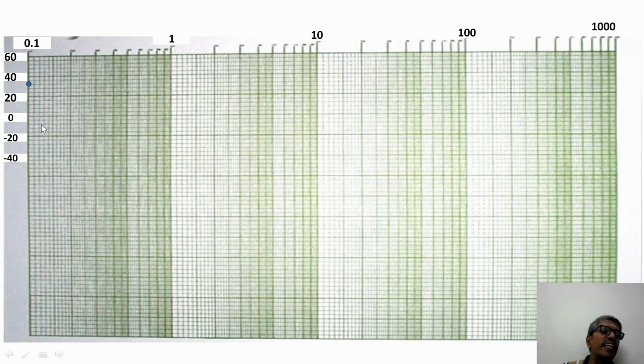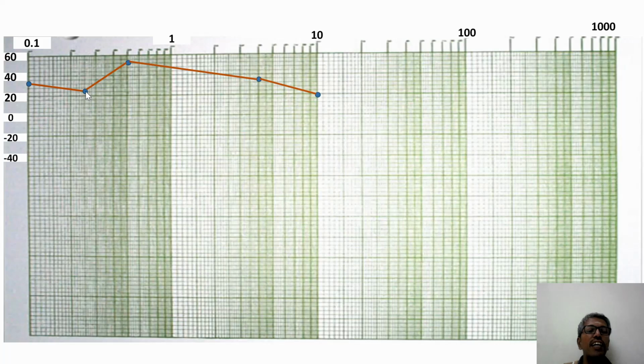That is 26. So next you have to find 36. Next value we have to find, the omega value will be 20. So similarly mark all the omega values in the graph with the corresponding corner frequencies and magnitudes. Then you have to join the points to get the magnitude plot.